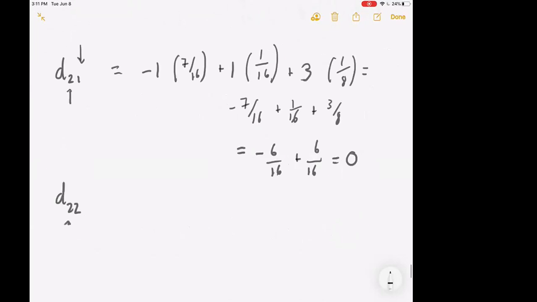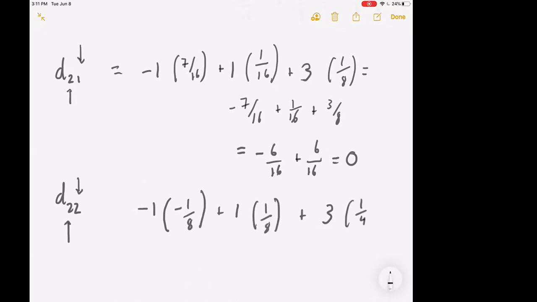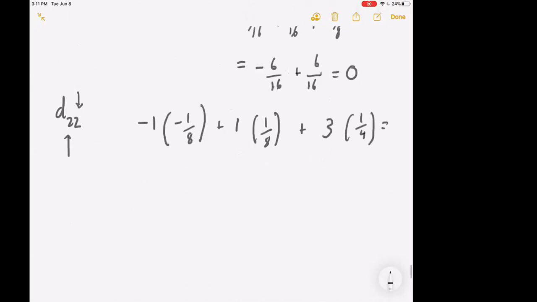Again, sticking with the second row of the first matrix, these terms don't change. Those scalars don't change. But I'm looking at the second column of the second matrix. I have new data, minus 1 over 8 plus 1 times 1 over 8 plus 3 times 1 over 4. So I need to evaluate this.